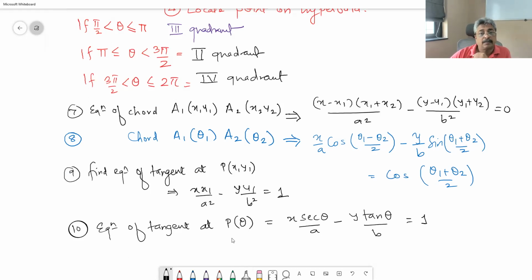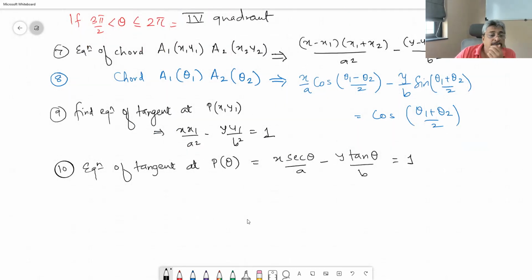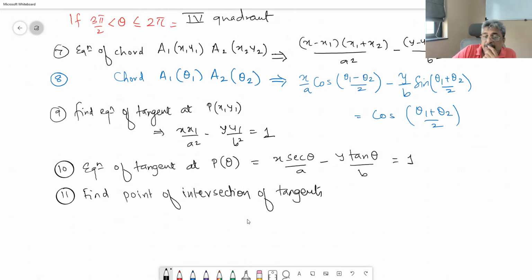Then 11. Find the point of intersection of tangents at P1 theta 1 and P2 theta 2.